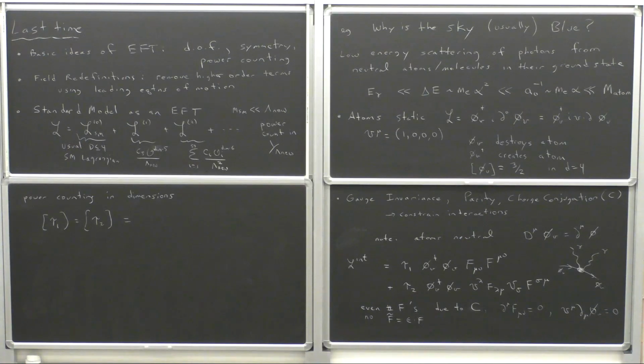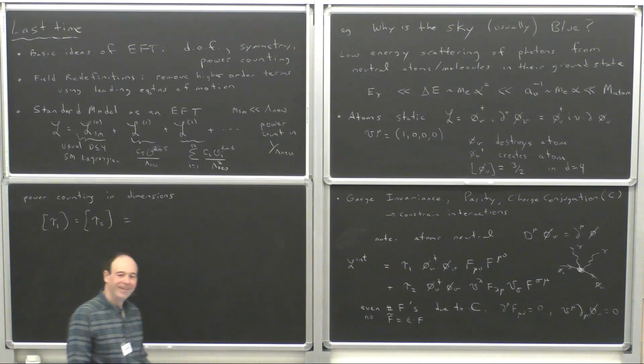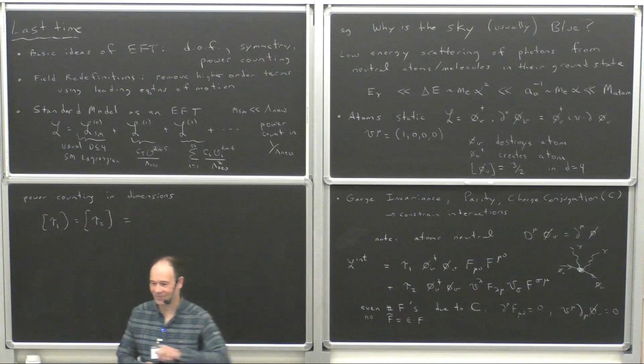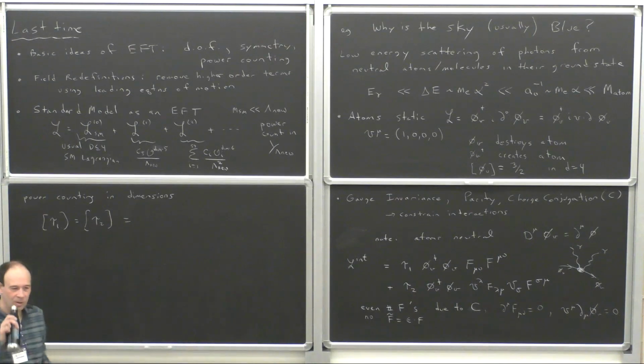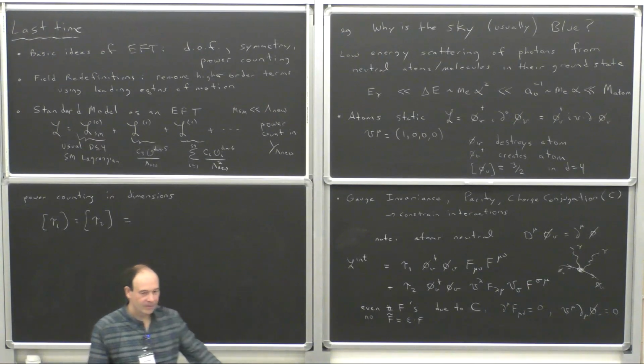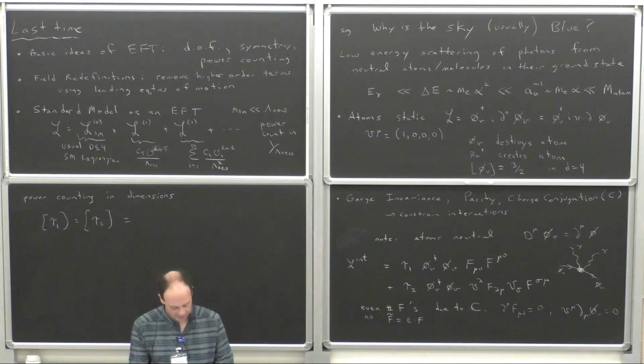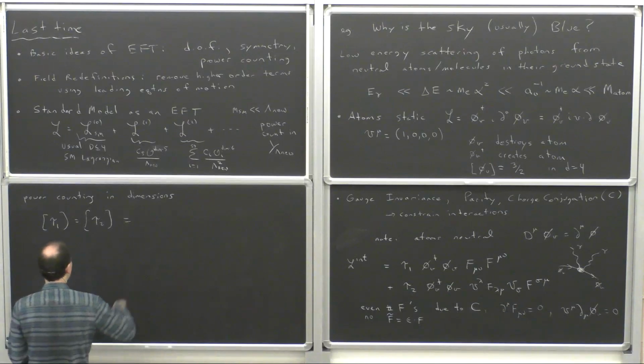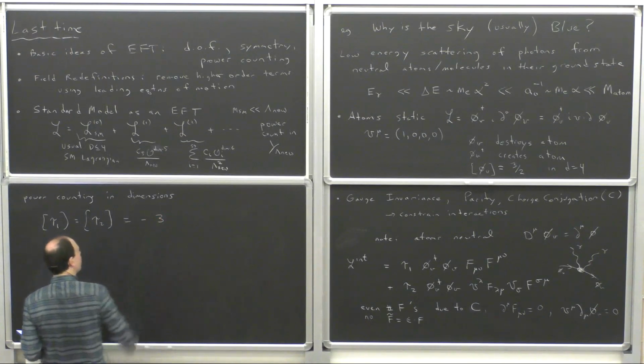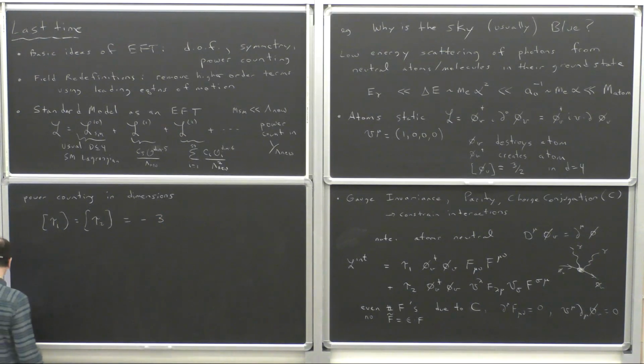Who's awake this morning? Yep. Good. So mass dimension is -3. We're 1 over lambda cubed for these taus.